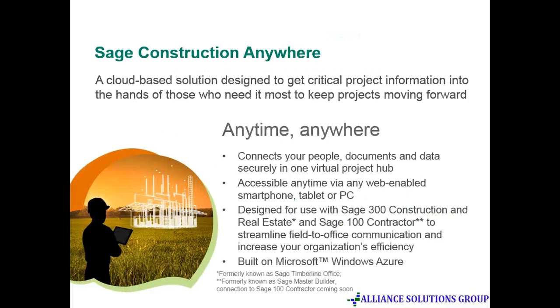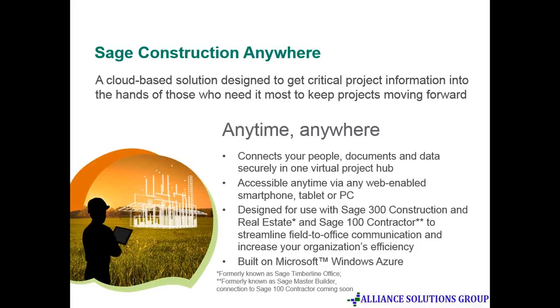Sage Construction Anywhere is a cloud-based solution. What that means to you is you access it on the internet. So you're going to have access to project files and documents on the internet associated with your projects. It's accessible anywhere via any web-enabled smartphone, tablet, or PC.